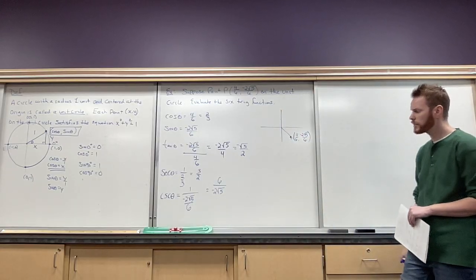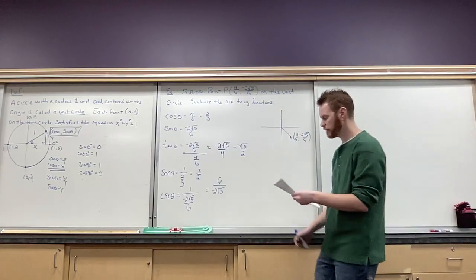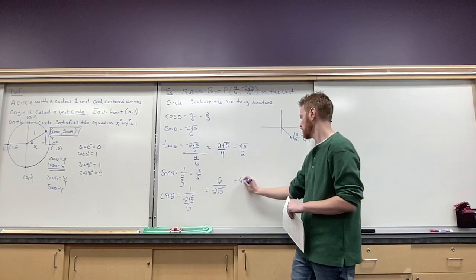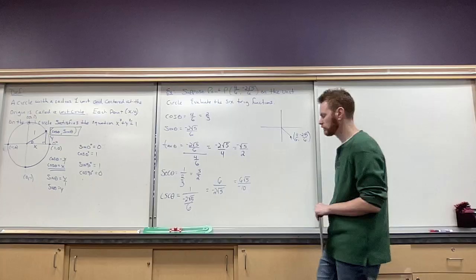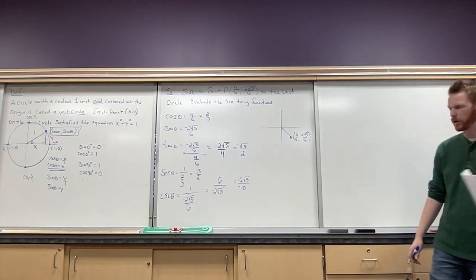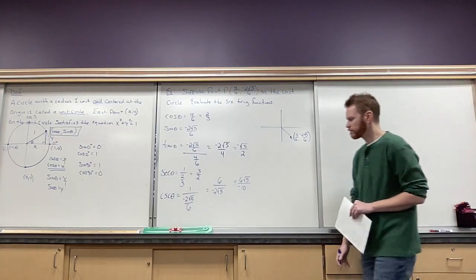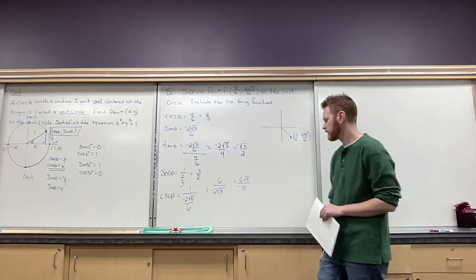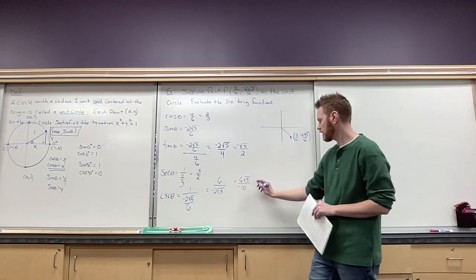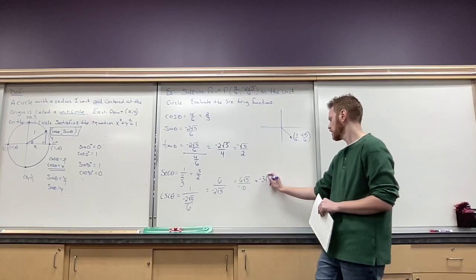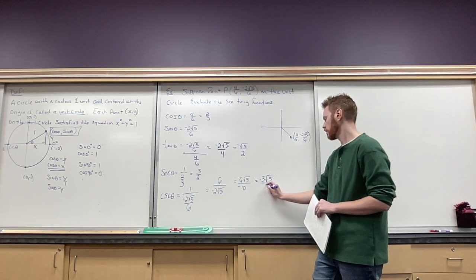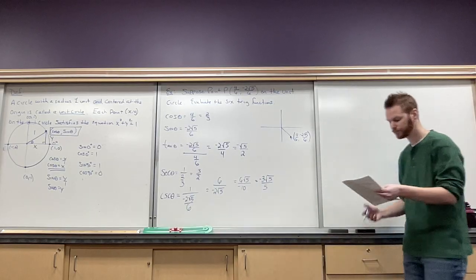So now we'll rationalize it. So we'll multiply top and bottom by square root of 5. So this would be 6 square roots of 5. On the bottom would be a negative 10. I'm just skipping the step where I'm rationalizing. Again, I'm just multiplying top and bottom by square root of 5 to get to that point. And then we reduce what's on the outside. So this would be 3, and we can put the negative on top now. So negative 3 square root of 5 over 5.